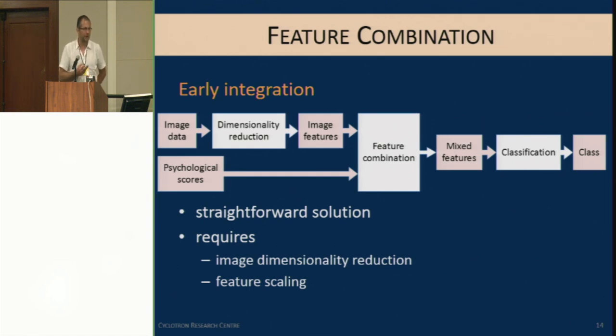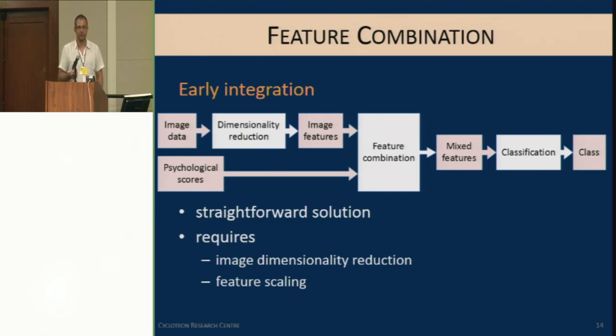We just stacked up the scaled psychological scores with the image features, so the projection of our images, because we have usually reduced the size of our images, and then the weight of each component are like scores by themselves. So we just put them together into a single feature vector per subject, and this is like a mixed feature, and then you can apply classification directly on that and get your class prediction.